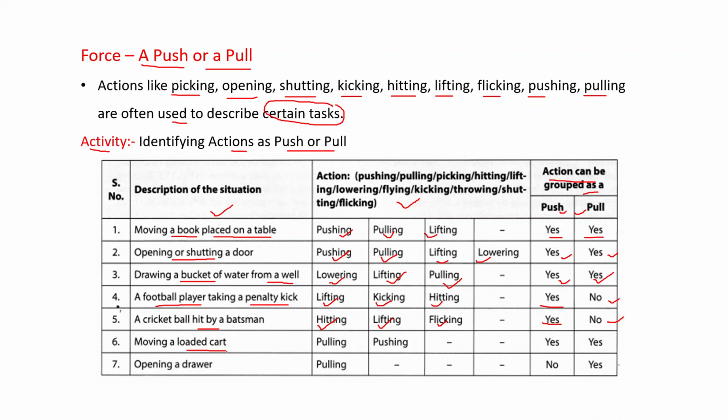Moving a loaded cart. Actions may be pulling or pushing, and definitely these are grouped as push and pull. Opening a drawer. To open a drawer we have to pull it. That's why the action is pulling, and definitely this is grouped as a pull.